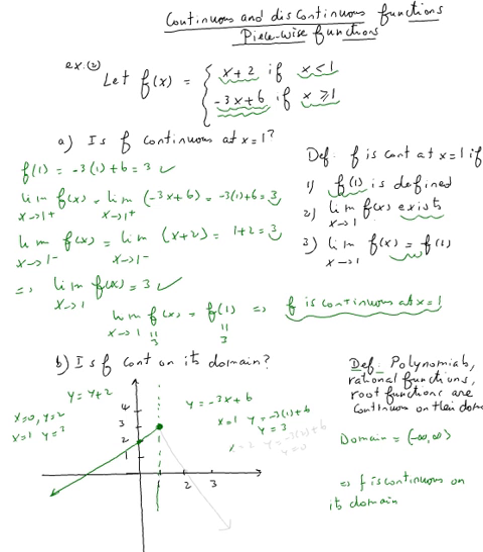Then when x is equal 2, for example, y equal minus 3 times 2 plus 6, which is 0. So here's 2, 0, and then just graph the line. So you can see it's continuous on its domain. It's also continuous at x equal 1. It's continuous everywhere from negative infinity to infinity. And that's it for this example.